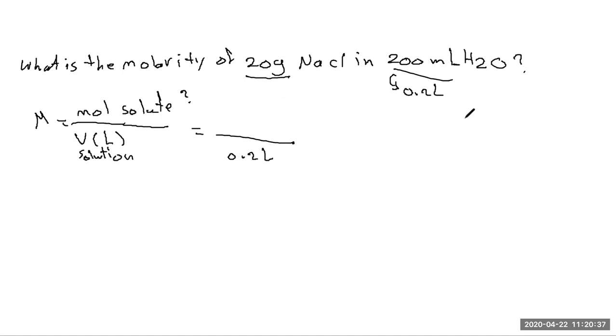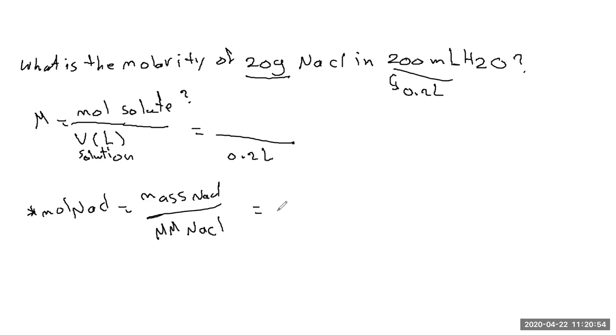So here, mole NaCl will be mass NaCl divided by molar mass NaCl. So here it will be 20 gram NaCl times 1 mole to the top and 58.5 NaCl, which is the molar mass.